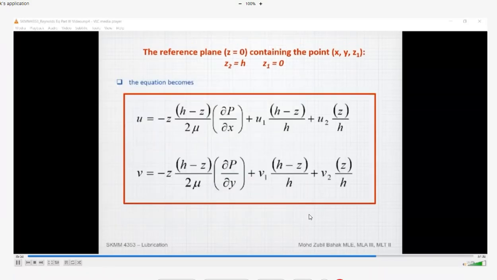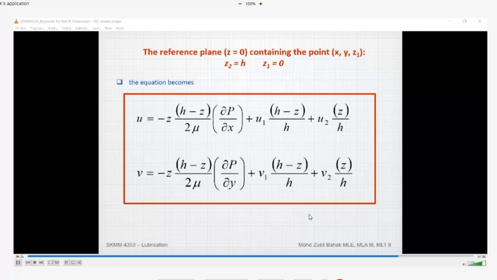we finally found the u, which is quite different from the one we have for the elastohydrodynamic lubrication. So we have the velocity in the x and y direction for the fluid moving within the two surfaces.